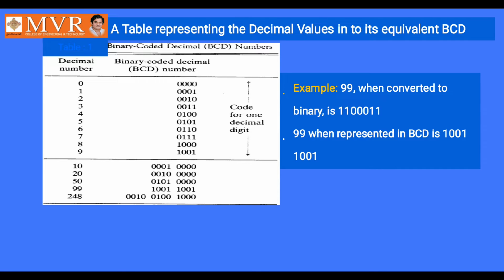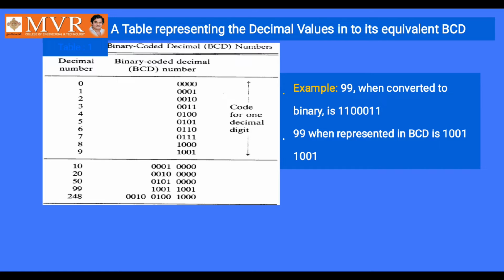Here, rather than dividing the number by 2, each single digit is converted into binary. In the example I have given here, 99, when converted to binary by dividing with 2, you will get 11000011. It is the binary equivalent.